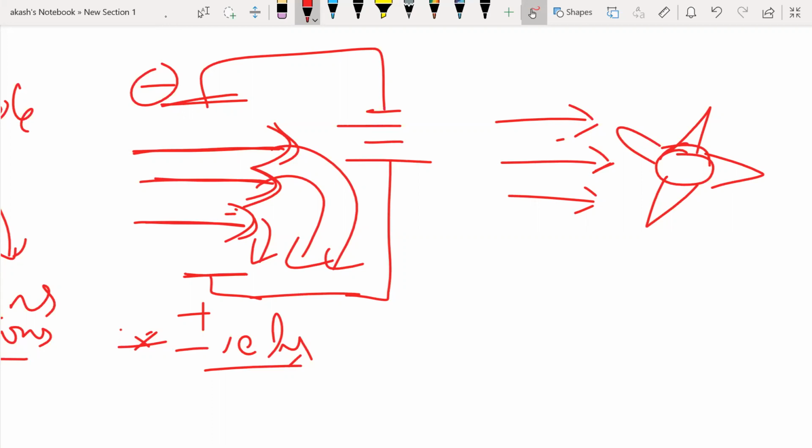If something with some mass or energy hits it, it is going to rotate, that we all know. So he placed this rotating wheel in the path of the cathode rays, and what he saw was that it was rotating.